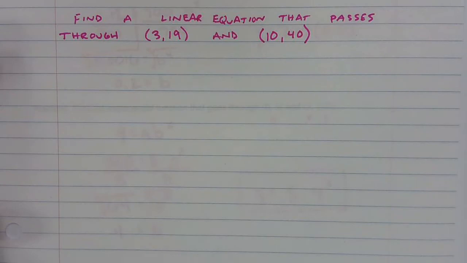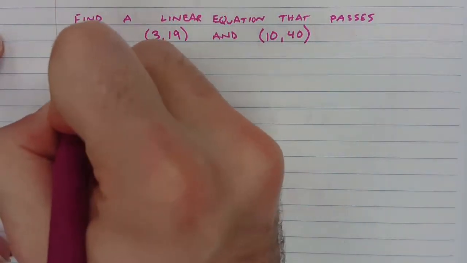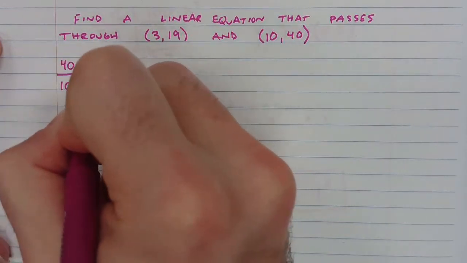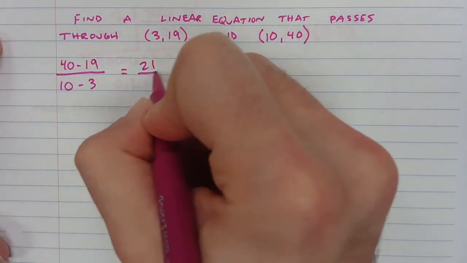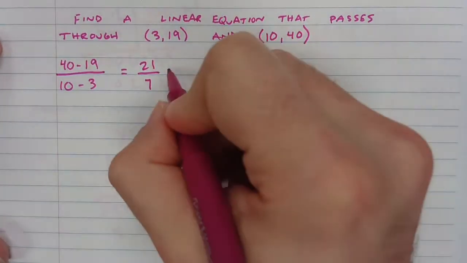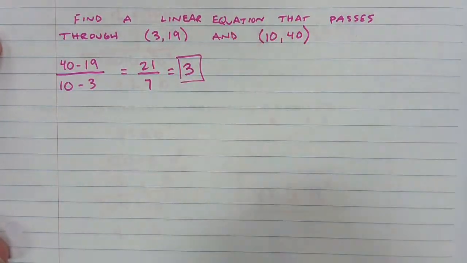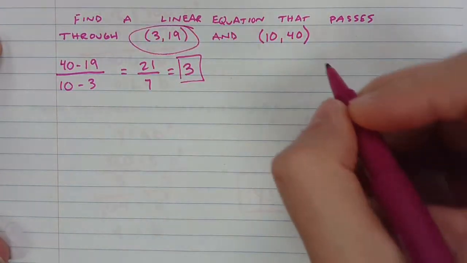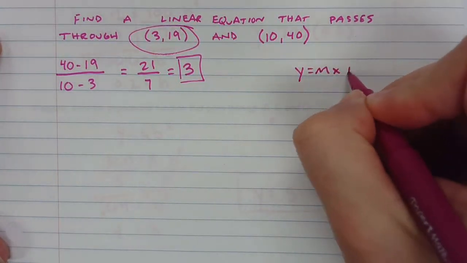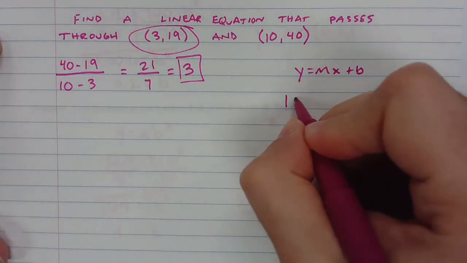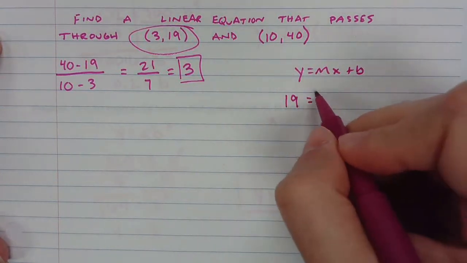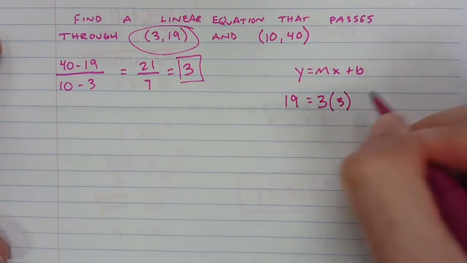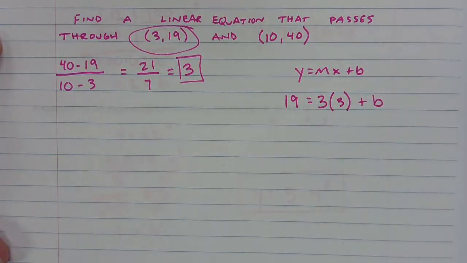First thing we had to do was find our slope. So we're going to go ahead and do y2 minus y1 over x2 minus x1. That's going to give us 21 over 7, giving us a slope of 3. Now that I have 3, I can pick one of my points and start with mx plus b. 19 goes in for y. m is 3 we just found. x is also 3 plus our value of b.